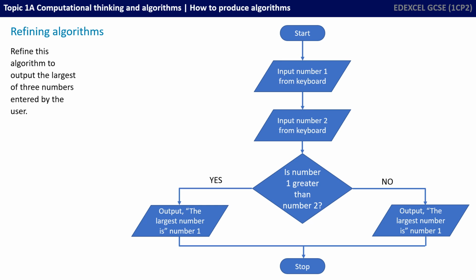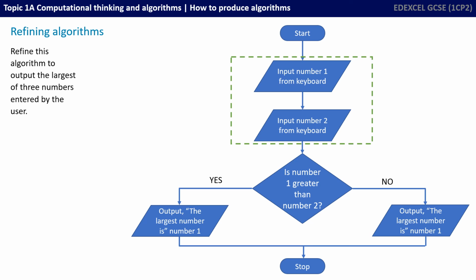As well as creating an algorithm from scratch in the exam, you might be presented with one already in the form of a flowchart or pseudocode, etc., and then be asked to refine it somehow. So here we see our previous flowchart from an algorithm to output the largest of two numbers entered by the user, and we're being asked to refine it so it will now output the largest of three numbers entered by the user.